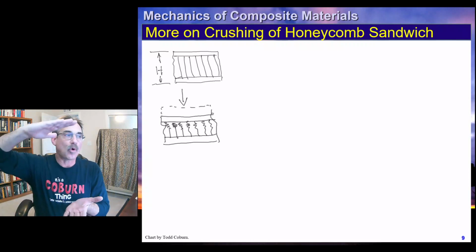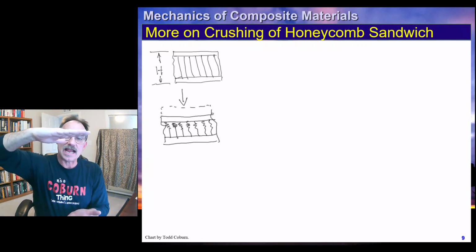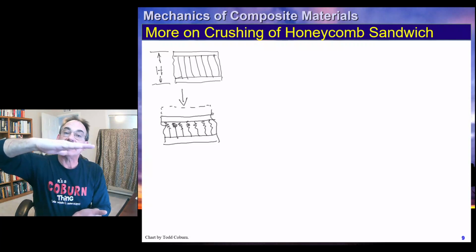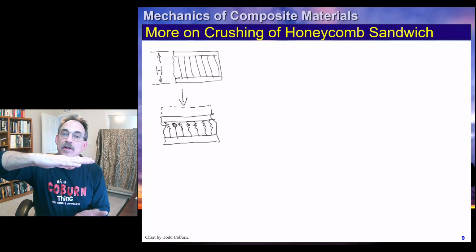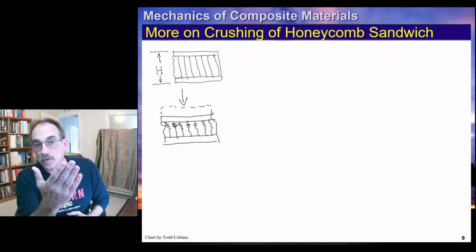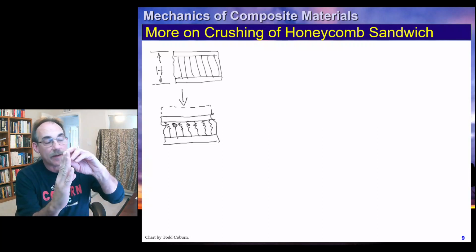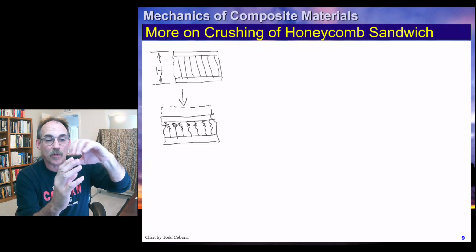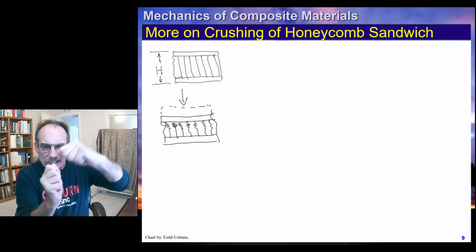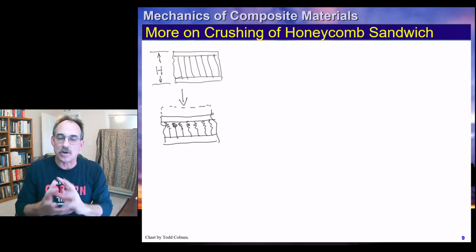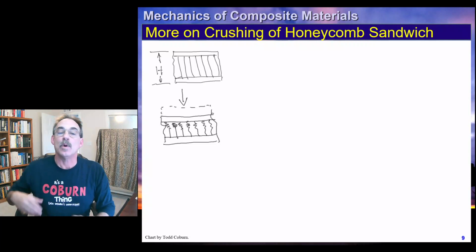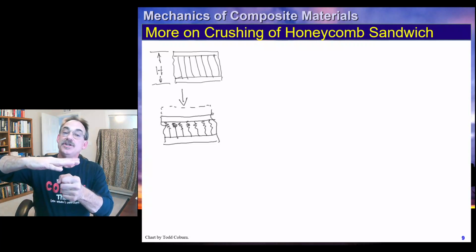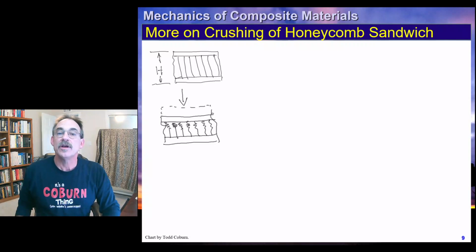As we compress it, first it will just elastically deflect a little bit, and then when the core starts to fail, it will start to cripple. If this is a honeycomb core, that super thin foil is going to crimple, kind of like crippling of thin flange members. It's going to crimple like if you take your aluminum foil and crush it or wad it all up like that. And what that's going to do is provide a nice uniform compressive stress.